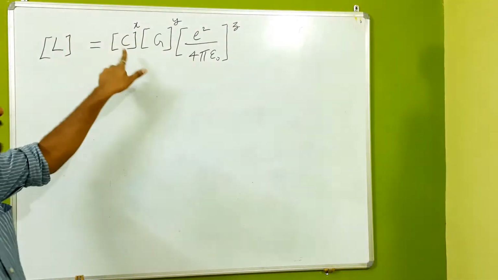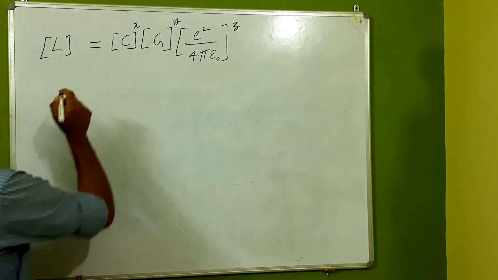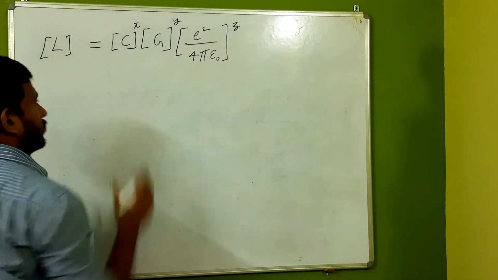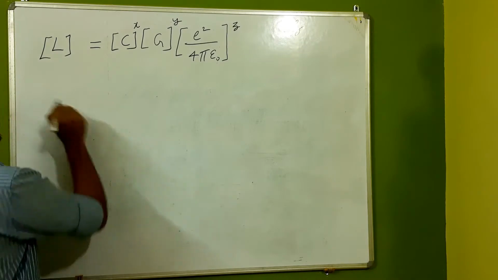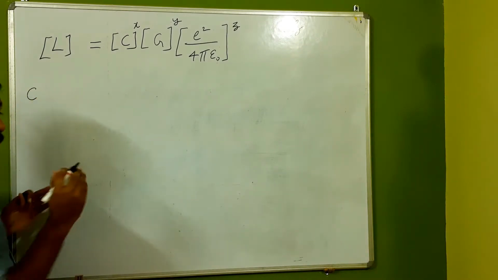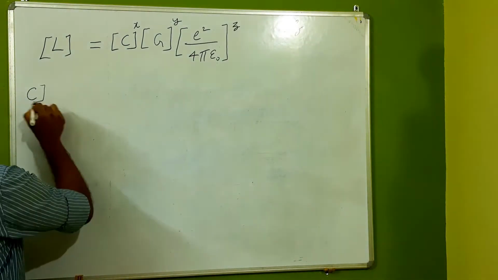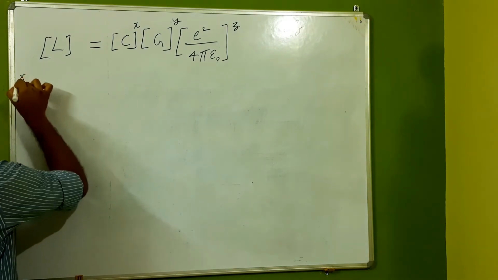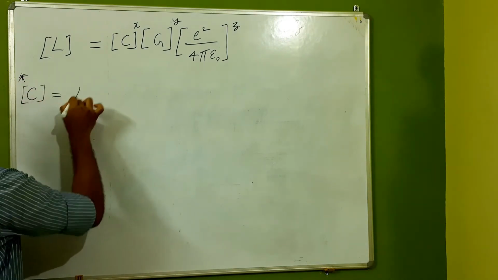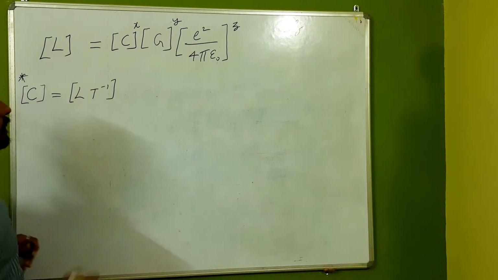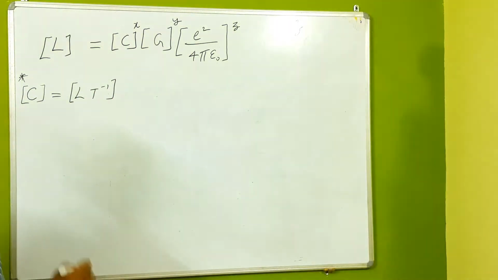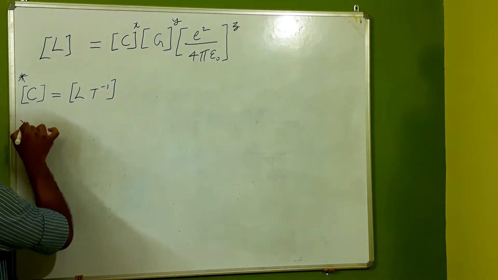First we have to find the dimensions of c, G, and this e square by 4 pi epsilon 0. As we know, c is the velocity of light, and velocity has the dimension L t raised to minus 1. The next term is G, the universal gravitational constant.